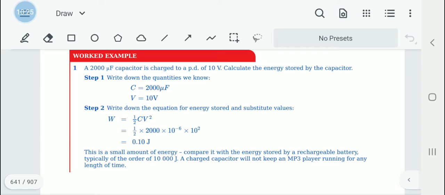Now from this one, we can understand why it is such a small amount of energy. Because if you take a rechargeable battery, it would have 10,000 joules of energy in it. So a charged capacitor cannot run a mobile phone.